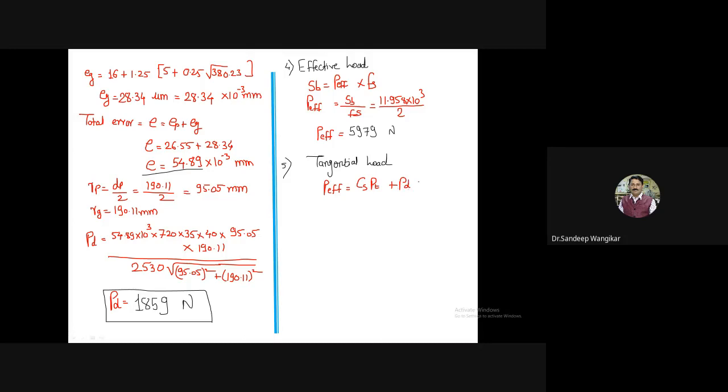Now in this case CS PT plus PD, cos alpha n cos psi.